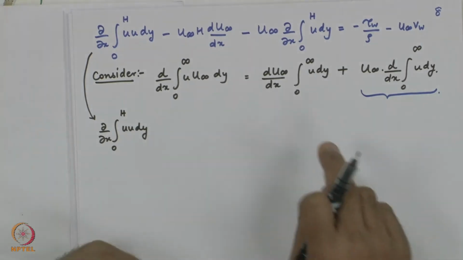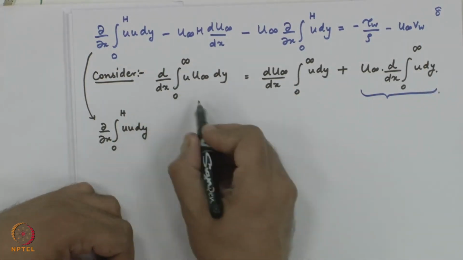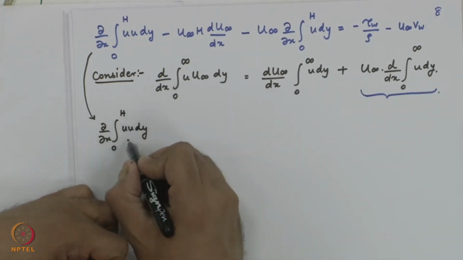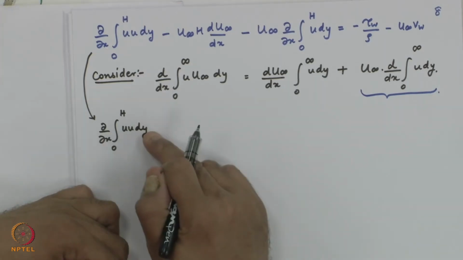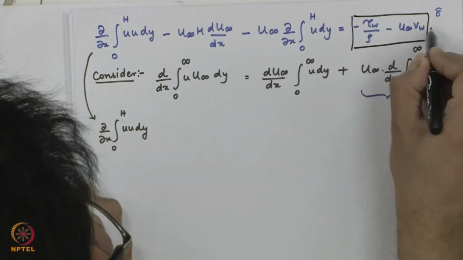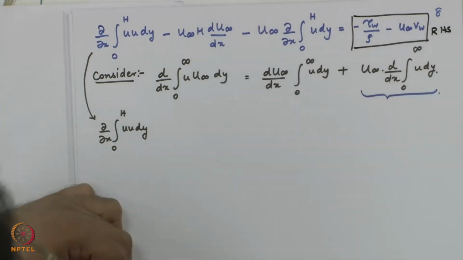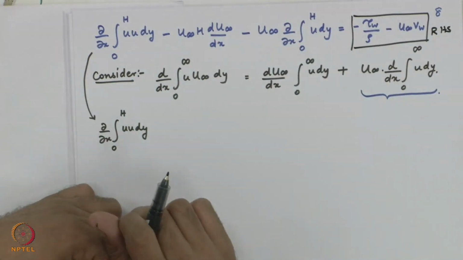So, I have a product term here which is going to be manipulated. d by dx of u squared dy remains as it is, right hand side remains as it is. So, I will just call this RHS and continue writing it that way. These are the two terms that need to be taken into account.